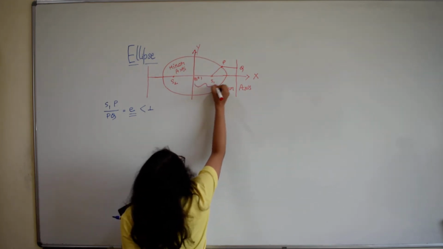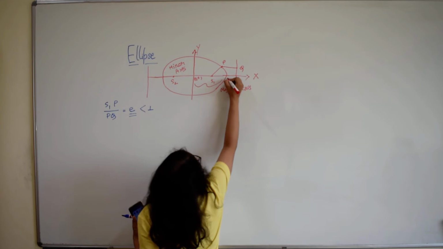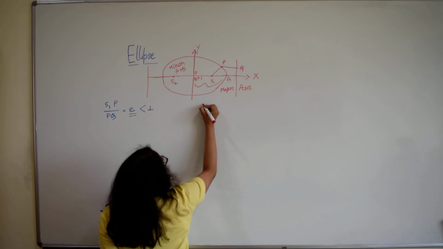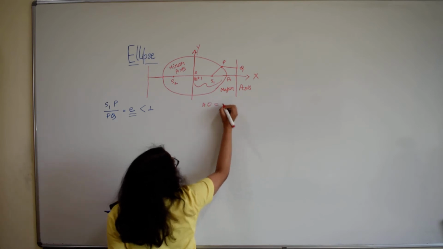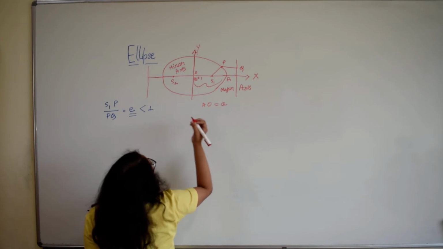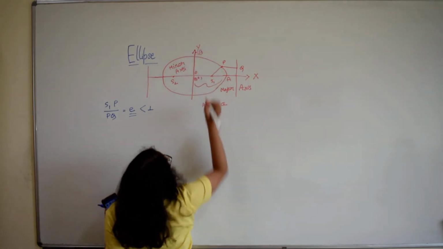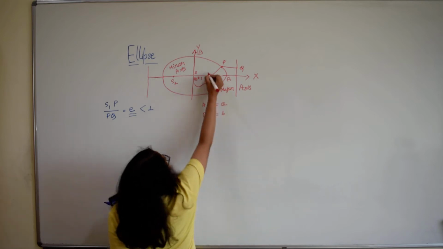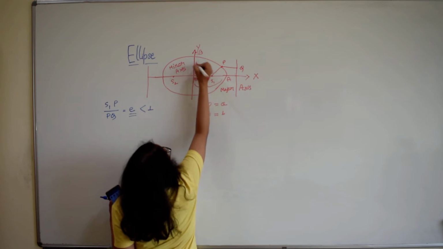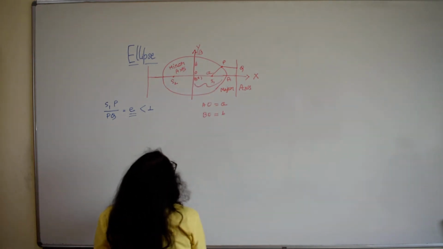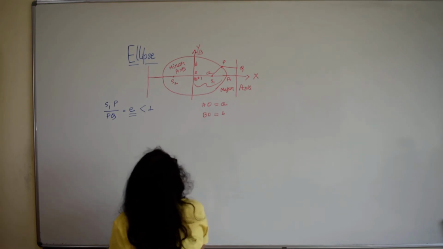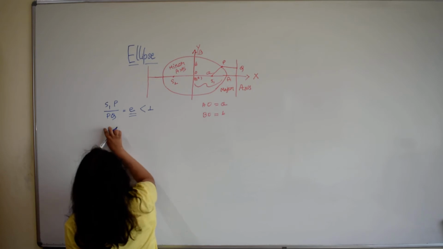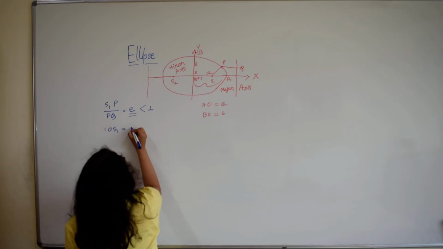We take this as A, this distance, this is point A, so this is O. So AO, let's say, we always denote by small a, and let's say this is B, we always denote BO by small b. So the distance OS1 will be ae.